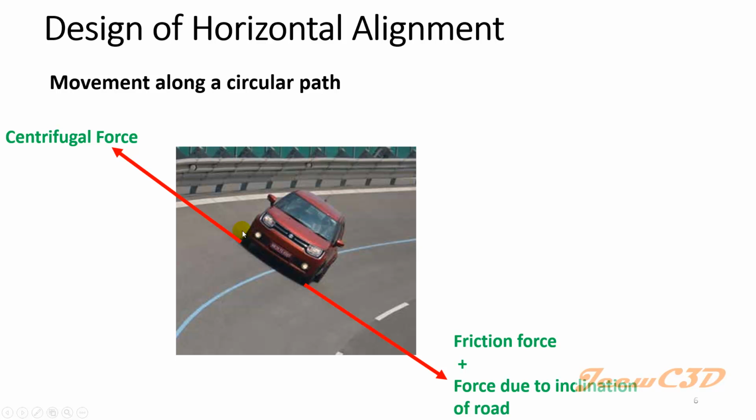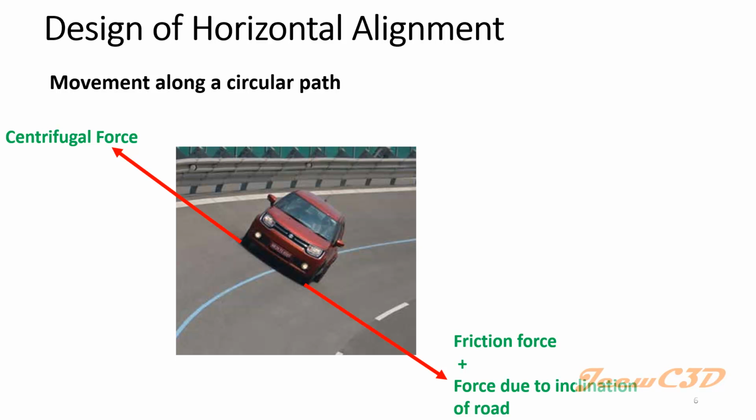Because of the inclination of this road, that means this super elevation, you have a component from the weight to the inside of the curve. The vehicle weight is coming straight down, but some component will act into the inside section of the road.